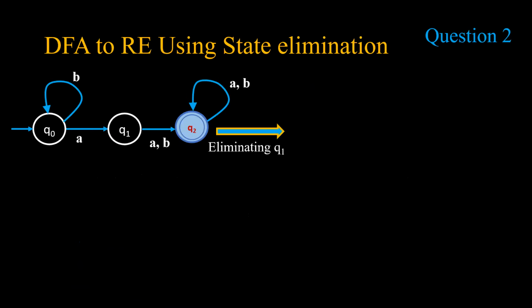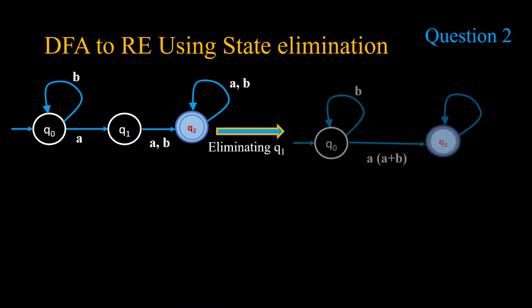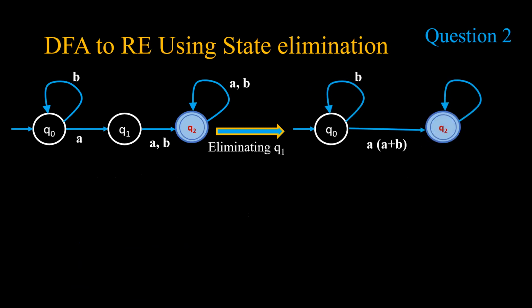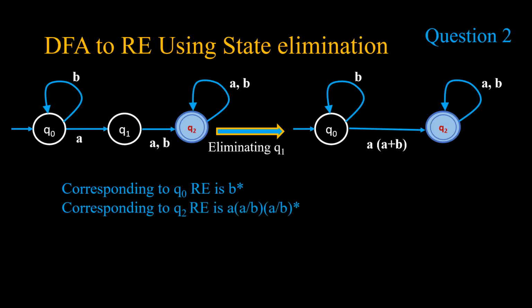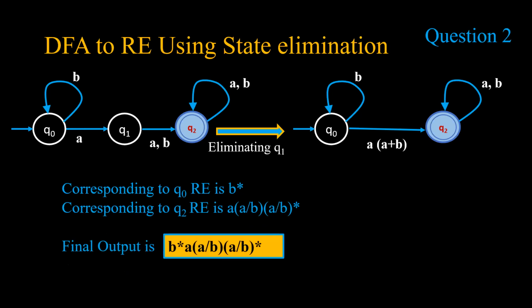Now when we talk about eliminating the Q1 state, the output which we will get is a concatenation of A and A or B. So we will have Q0 to Q2 represented through A plus B. Now regular expression corresponding to Q0 will be B star, corresponding to Q2 will be (A or B) into (A or B) whole star, because we have a loop of A or B at Q2. So the final output will be B star (A or B) (A or B) whole star.